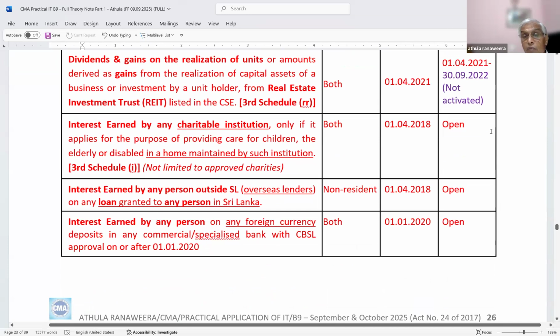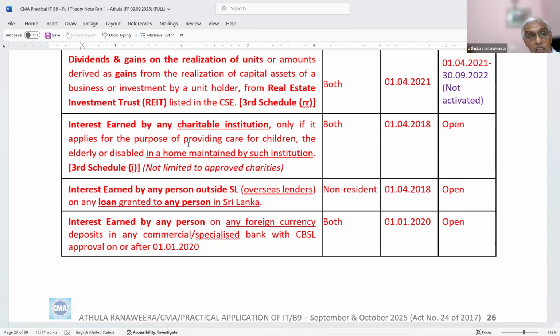Interest is exempted from tax, but there's a condition. Only if it applies for the purpose of providing care for children, the elderly or disabled in a home maintained by that institution. Then only you are getting the exemption.